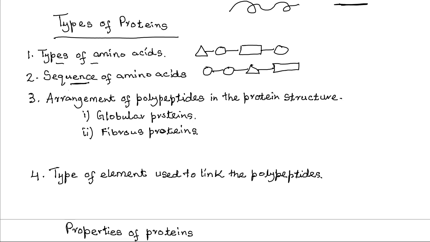So even though they have the same number and type of amino acids, polypeptide chain 1 is very different from polypeptide chain 2 on account of the sequence.